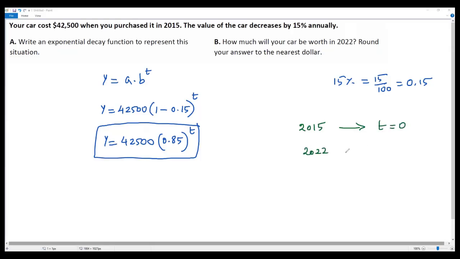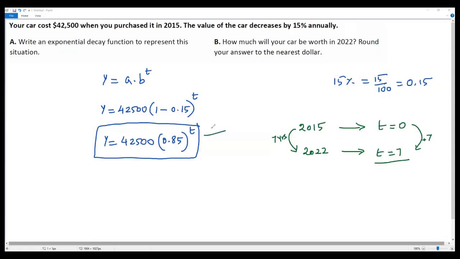For 2022, what is the corresponding value of t? Calculate the number of years from 2015 to 2022. We have 7 years, so we add 7 to the value of t. When I add 7 to 0, I get t equals 7. So for the year 2022, the corresponding value of t is 7.